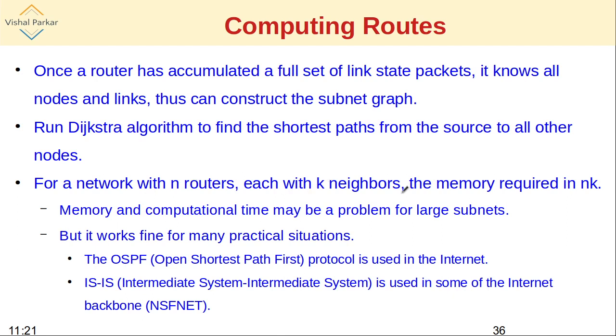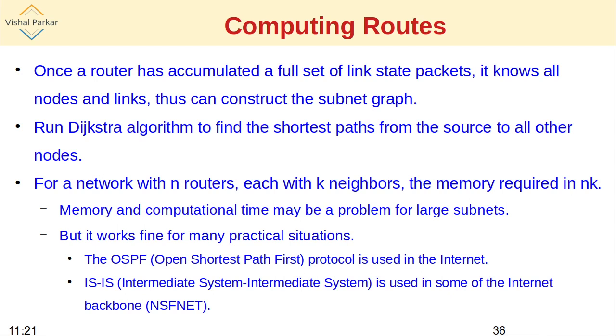The overall memory which is required to be stored for the network is nk. And that is the reason, if there are a large number of nodes, the memory required as well as the computational time required will be large, and that may be a problem. But actually it works fine for practical networks or situations.